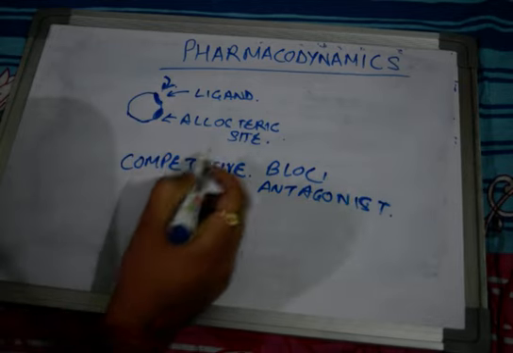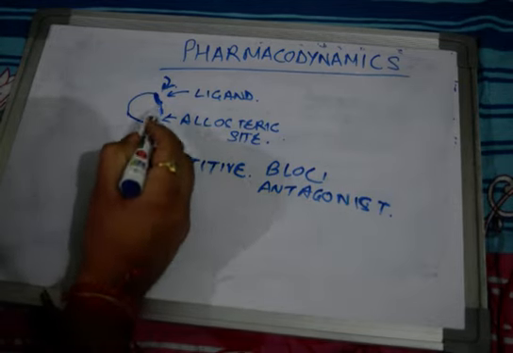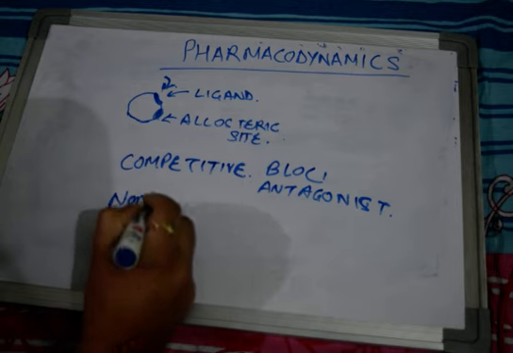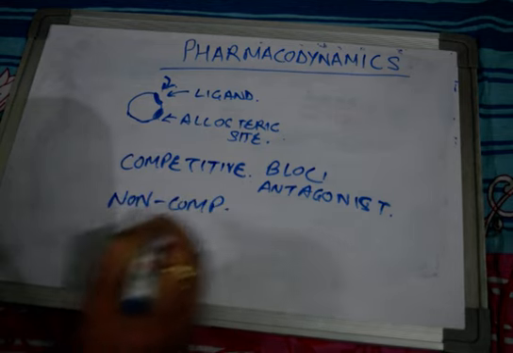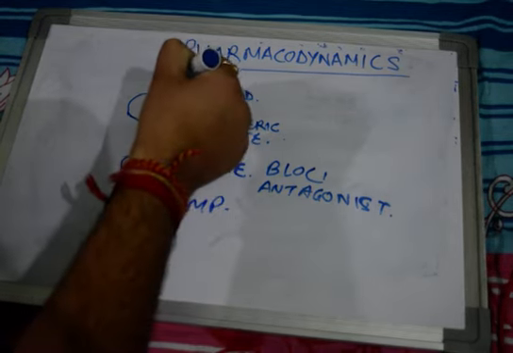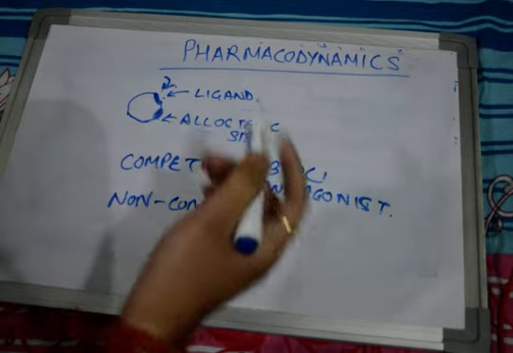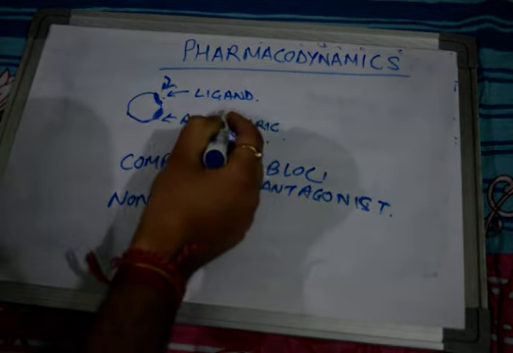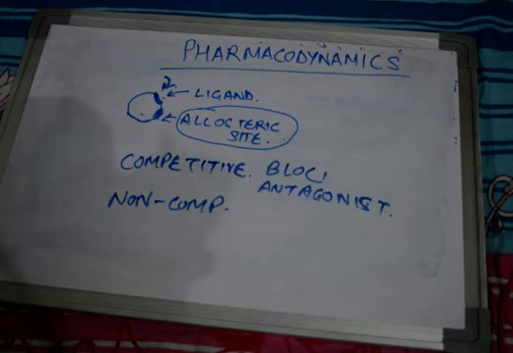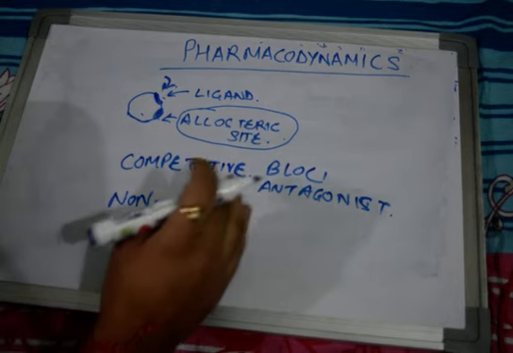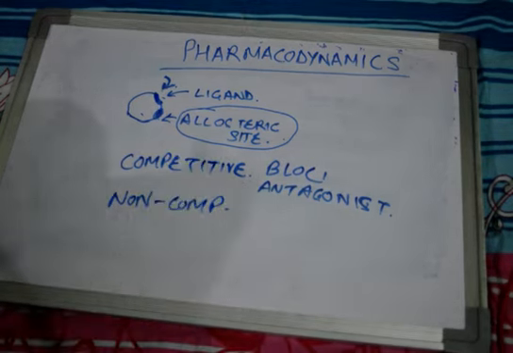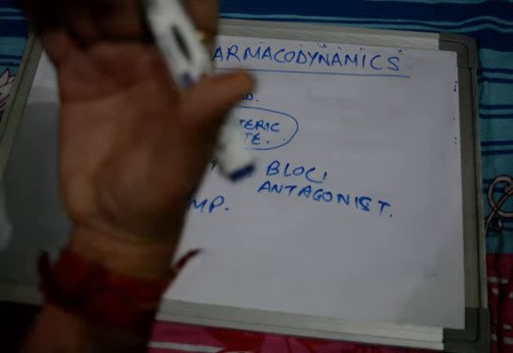And if it binds to the allosteric site, it will become non-competitive, obviously, because there is no competition for the binding site. The antagonist is blocking the action of the receptor by binding to another site, what we call an allosteric site.